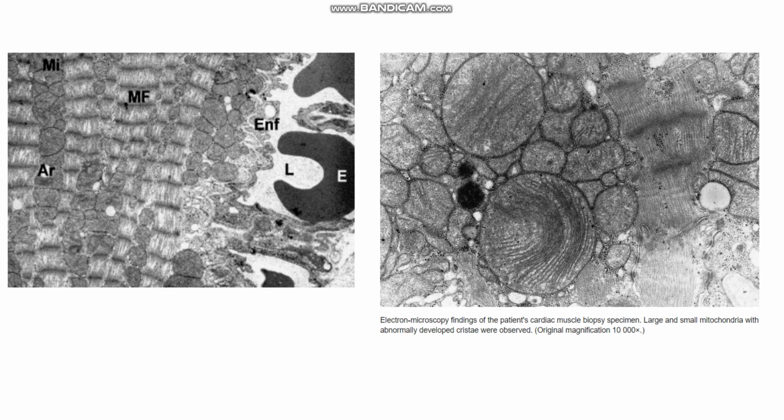In fact, this is cardiac muscle cells from rats with loads of mitochondria. Now here to the right, we see electron microscopy findings of the patient's cardiac muscle biopsy specimen. And here we see abnormally developed cristae. So this could mean that something is wrong with these mitochondria, okay?